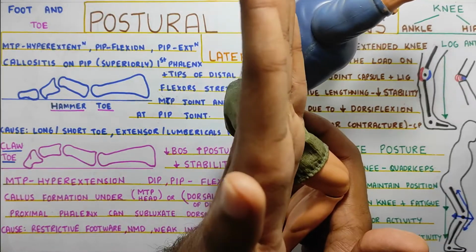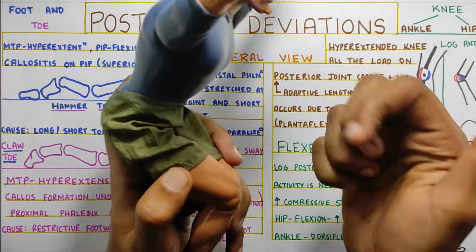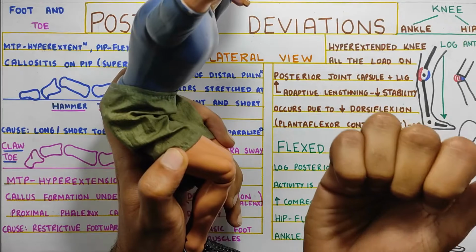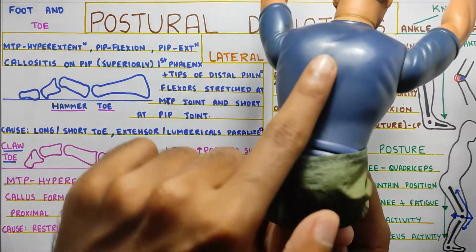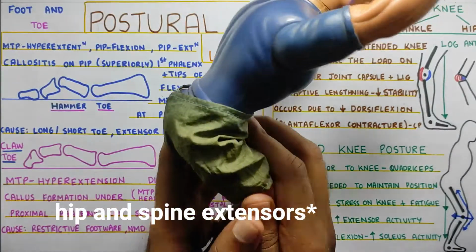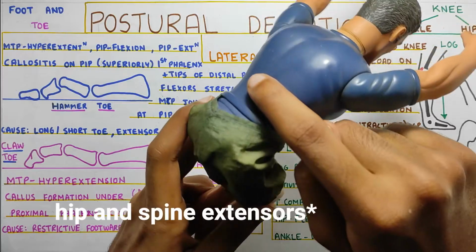But still, you can see it is ahead of the hip joint, which will create a lot of flexion torque, meaning your body will be pulled by gravity anteriorly. And to prevent this, all your hip extensor muscles will be acting to keep you in the right position. So again, your hip extensors will be firing up, which will create low back pain.